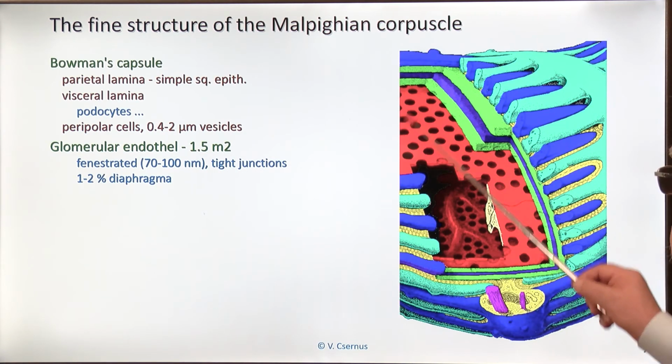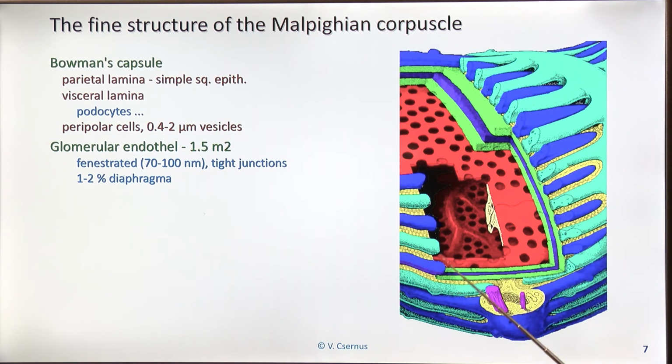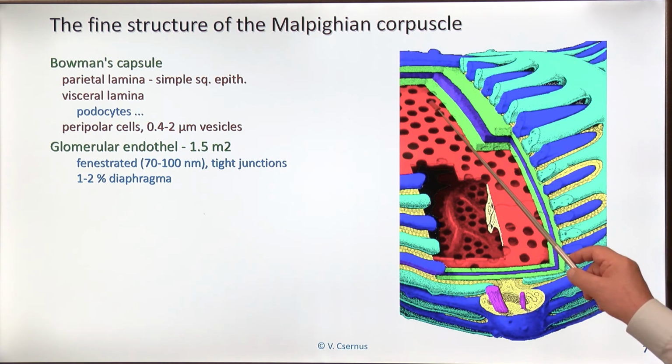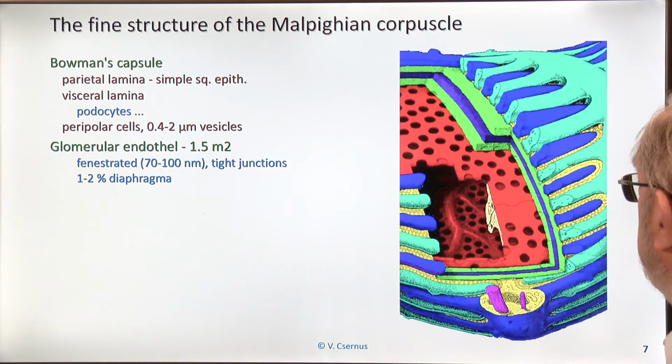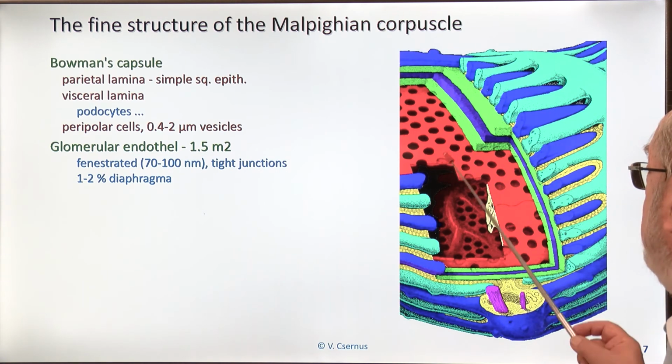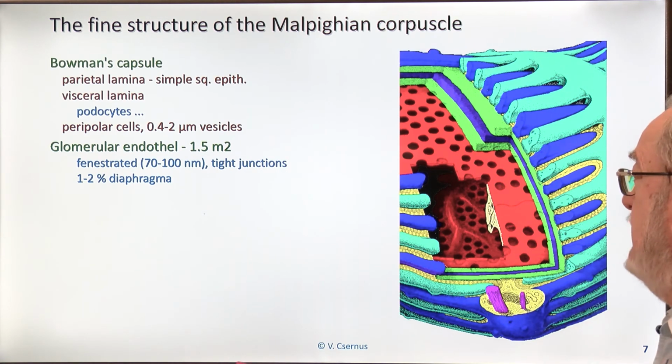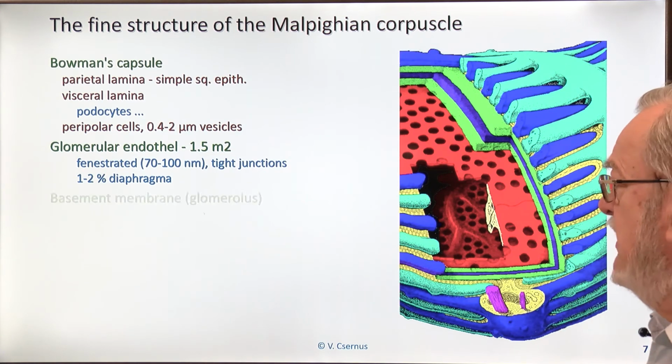Here you can see also another electron microscopic reconstruction picture. You can see these openings are the fenestrae. Some of them are covered with diaphragm. Some books think this is interesting. I think it's just a kind of developmental problem which does not have any practical significance.